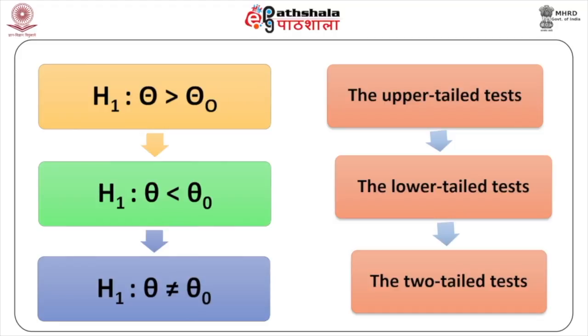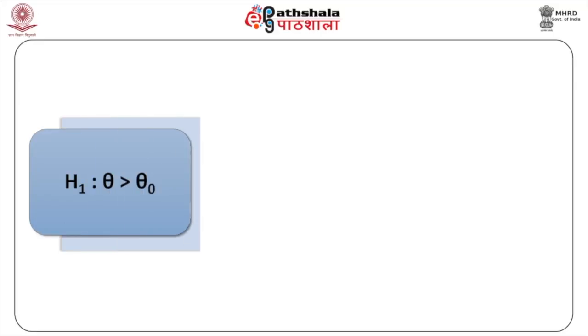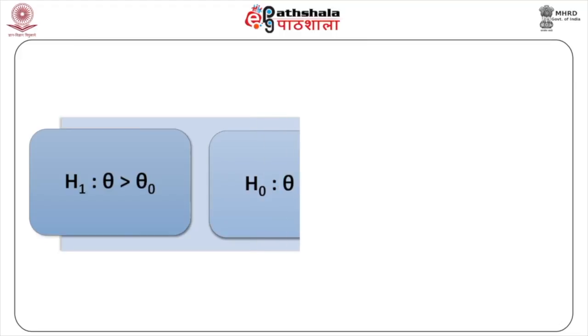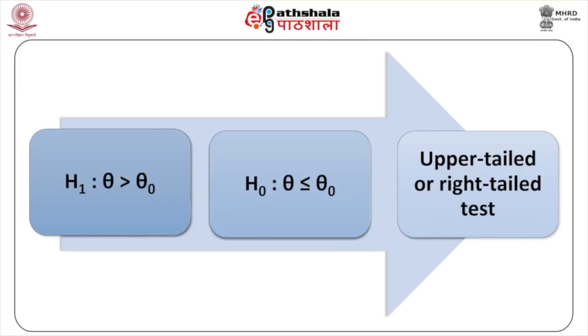The alternative hypothesis has implications for the null hypothesis. Thus, H1: theta > theta naught, that is, H0: theta ≤ theta naught, is the upper tailed or right tailed test.